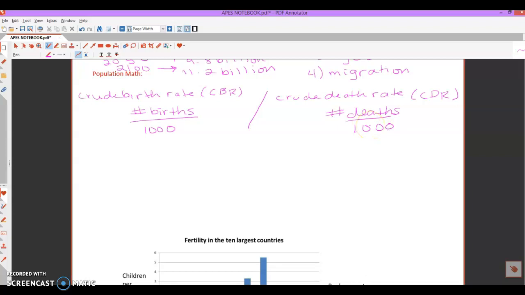All right. Now, what we want to look at is how we can use this to calculate our global change. We can calculate population change globally and locally. So let's start with the big picture first. The global population growth rate.